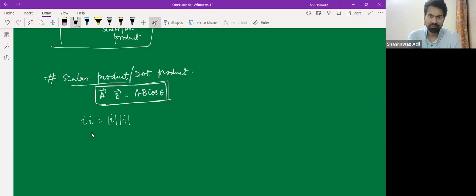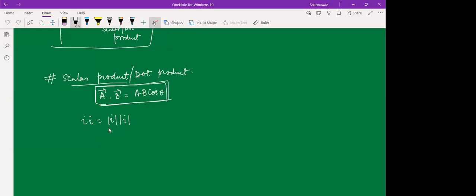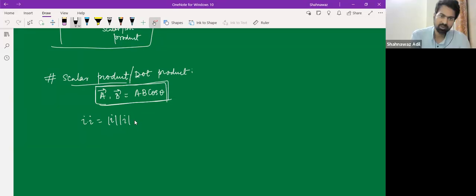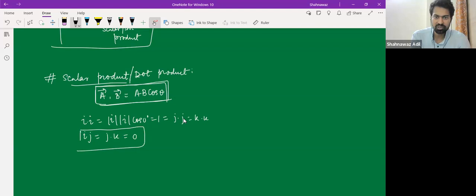Half? It would be 0, so cos 0 is 1. Similar is the case with J dot J and K dot K. We also saw that I dot J or J dot K or anything else would be 0. So only I dot I, only J dot J, only K dot K will survive, right?